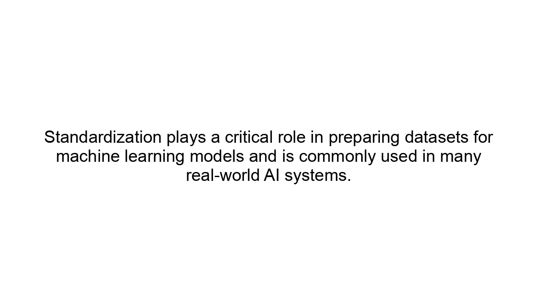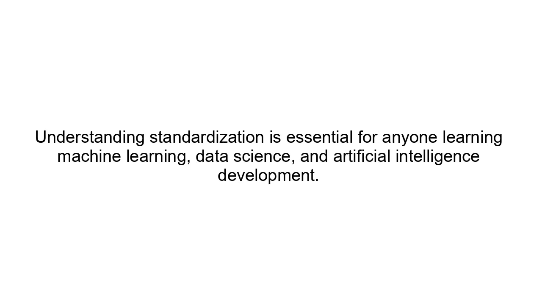Standardization plays a critical role in preparing datasets for machine learning models and is commonly used in many real-world AI systems. Understanding standardization is essential for anyone learning machine learning, data science, and artificial intelligence development.